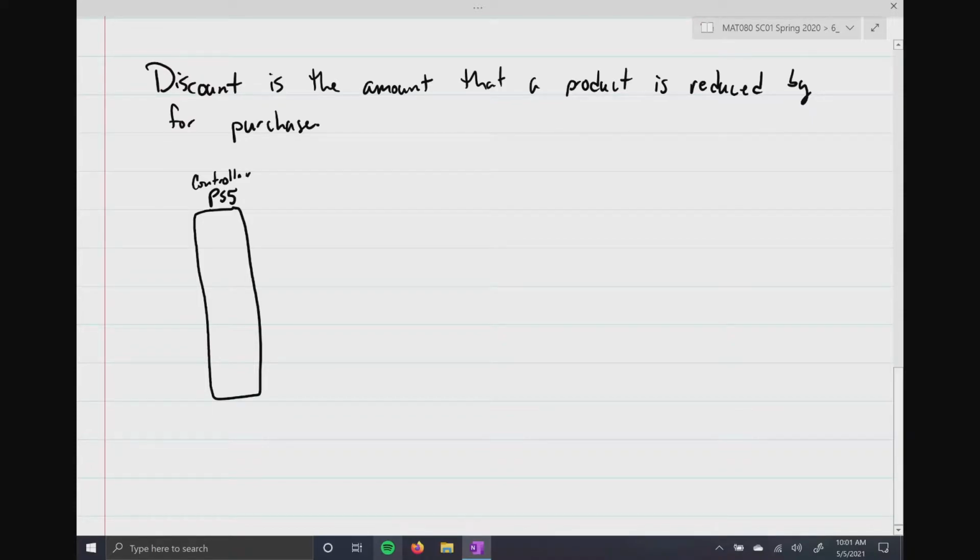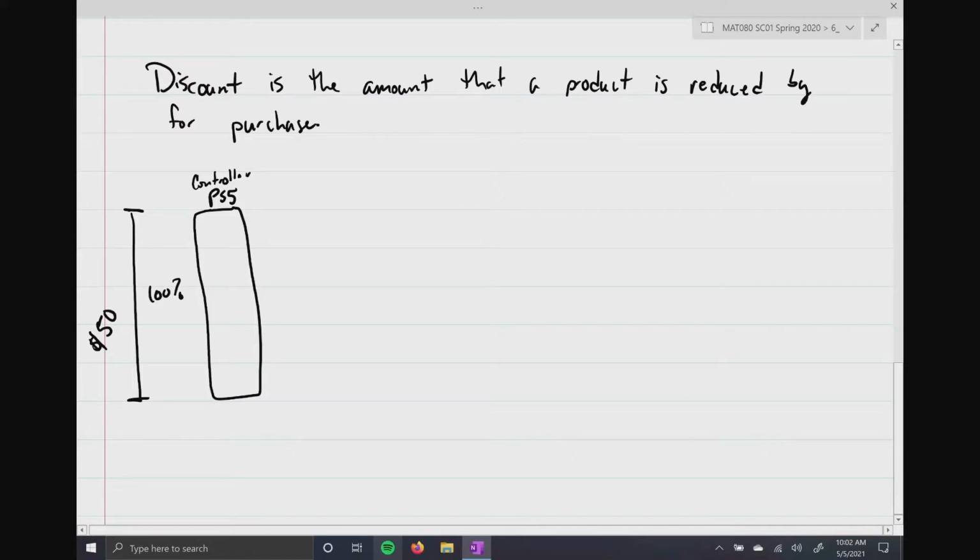All right, so you got a PS5 controller, okay? And let's just say, for example, and this is going to make our math kind of easy, let's just say the price is $50, okay? Now that means 100% of this price is $50. That's what that bar represents. That bar represents the height of $50, okay?